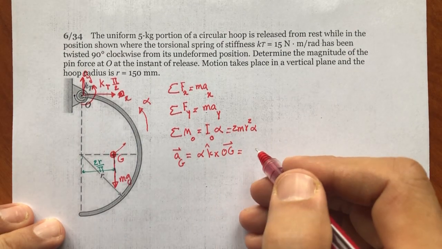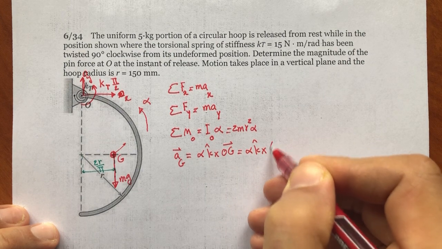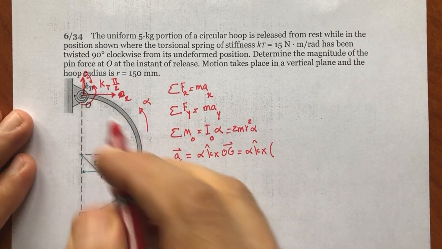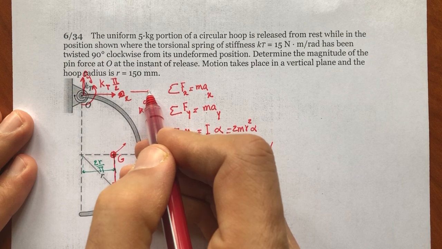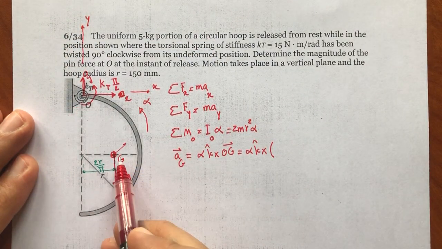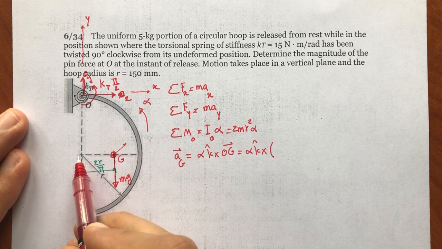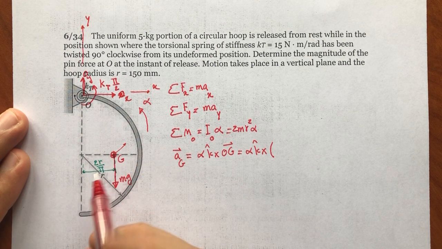So I'm going to have alpha in the k direction, cross product with OG, and if I put my coordinate here, let's say this is my X and this is Y, then OG is going to be negative R in the j direction, positive 2R divided by pi in the x direction.